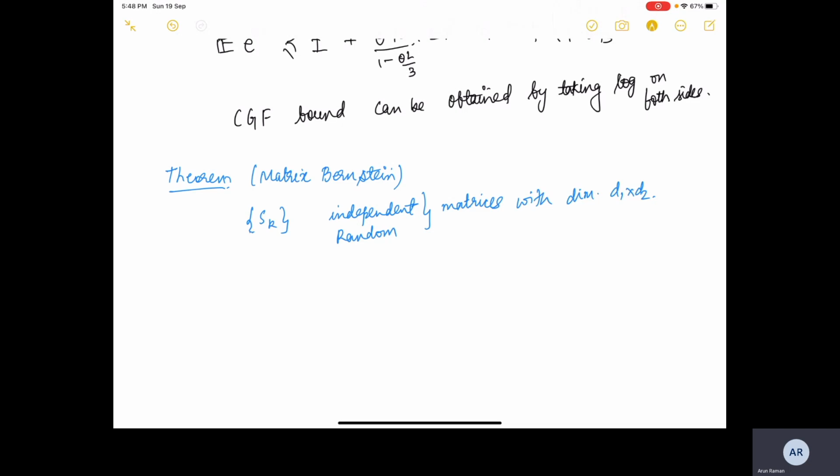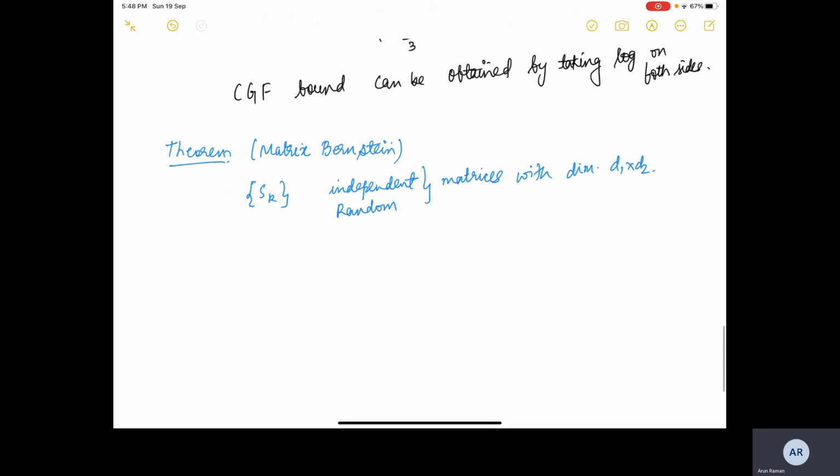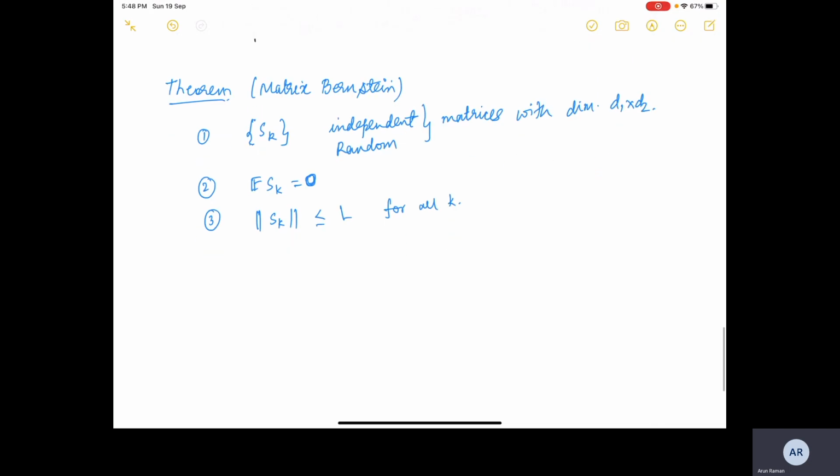Then we will use a particular method of Hermitian dilation, with which we can say that it will work for general independent matrices as well. So this is the first consideration. Then the second consideration is that they are all zero mean. And we have that the largest singular value is bounded for all k. These are the three things.